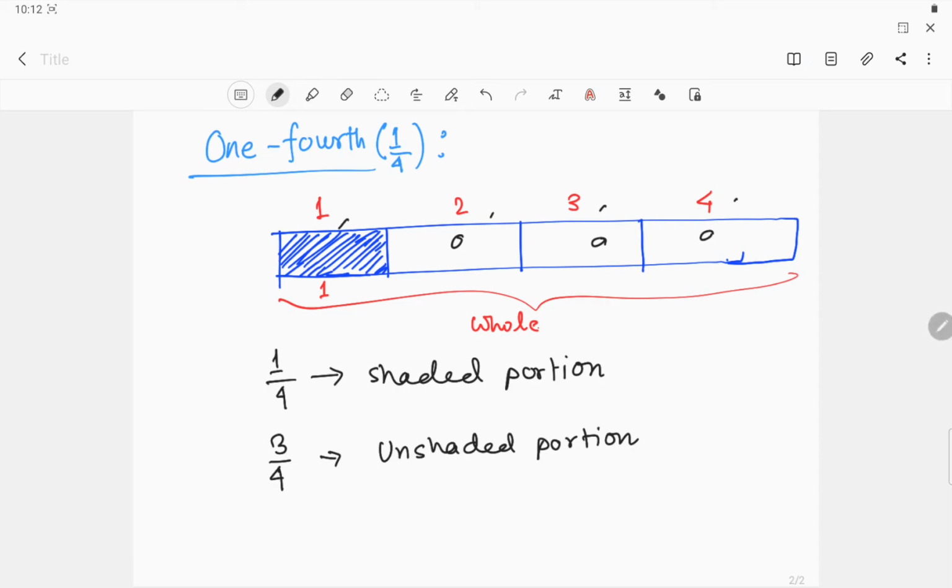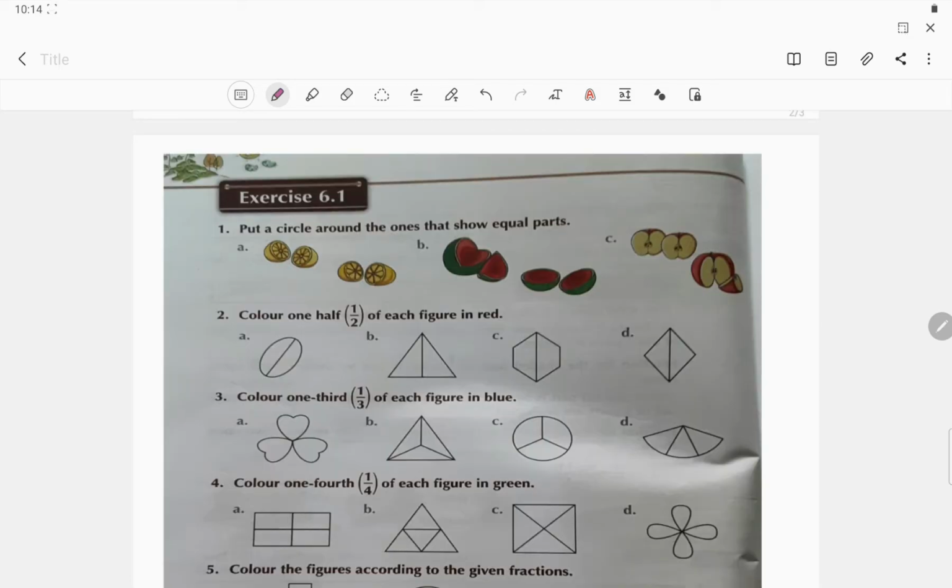Now we will go to exercise 6.1. In exercise 6.1, put a circle around the ones that show equal parts. So question number A, this one, it is showing equal parts, that is the whole is divided into 2 equal parts.